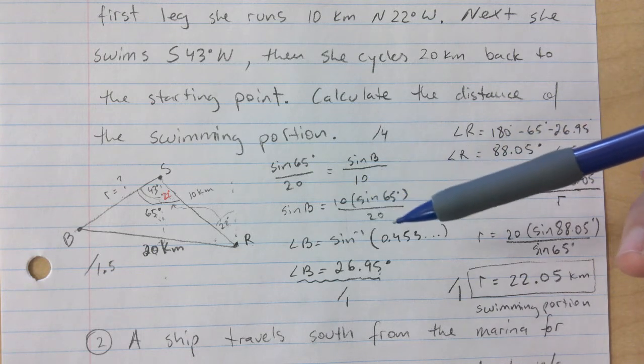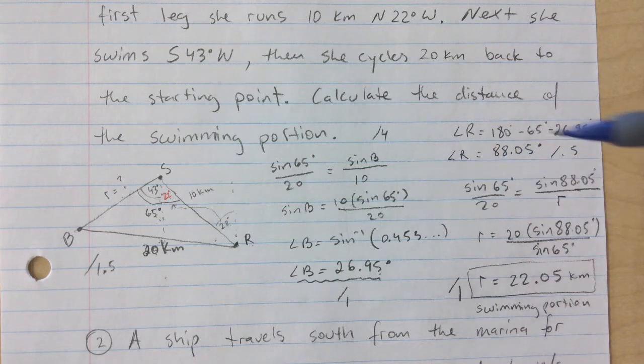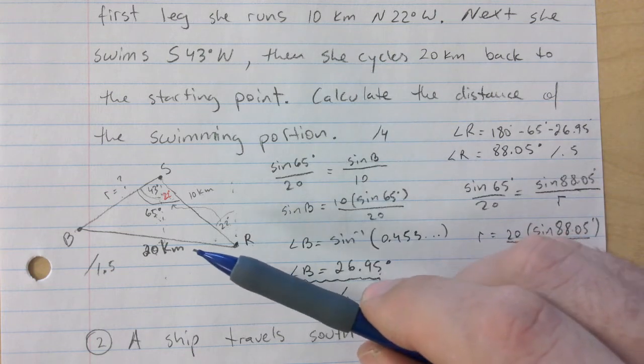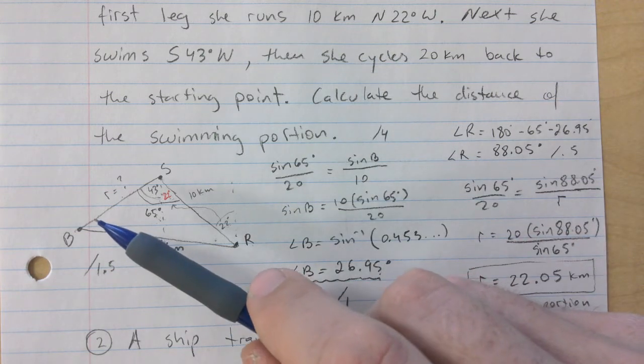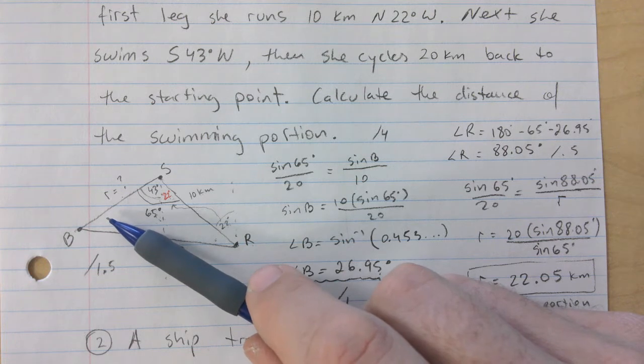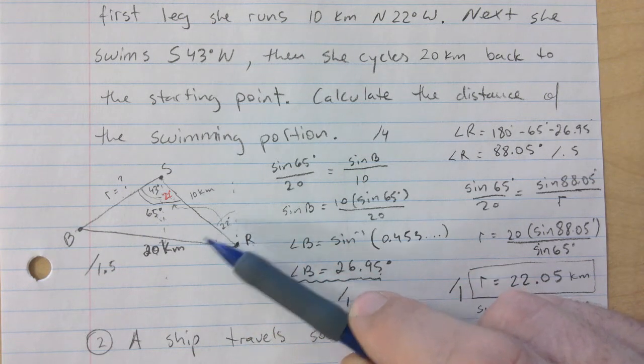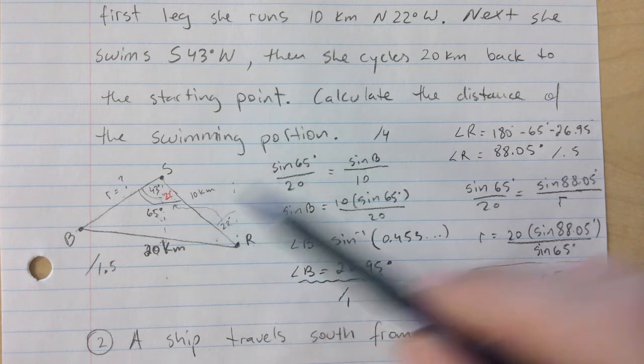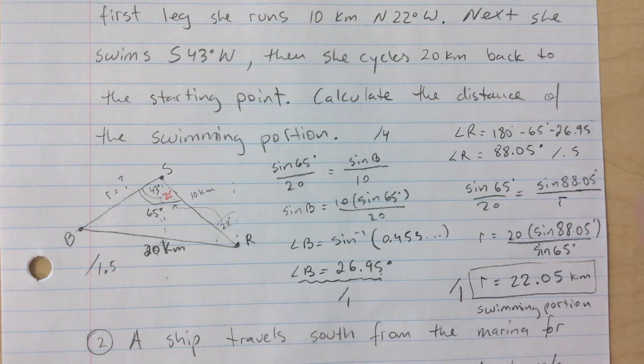Mina, what if you did the cosine law instead? And Charles did the same thing. Absolutely. What they're referring to is, as soon as they find B, you can find R, and then you have SAS, right? So yes, if you use cosine law, it's absolutely fine. My guess is you're going to be off by a little bit.